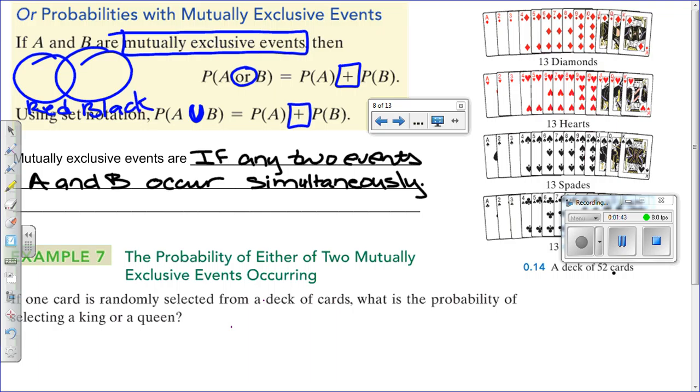Right here you will have your 2, your 3, your A's, your 4, your 5, your 6, your 7, 8, 9, and your 10. And the cards that are black, same thing. And let's put all the face cards, which will be the Jack, Queen, and the King, at the intersection.